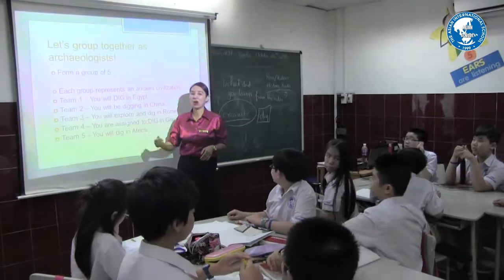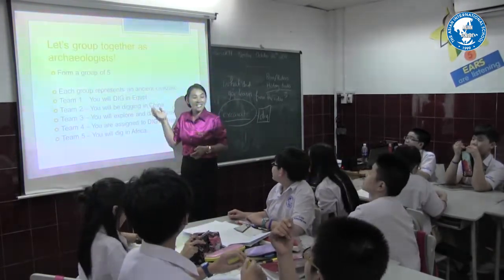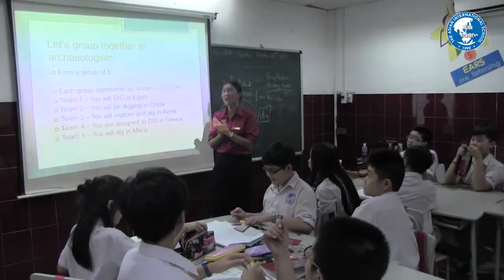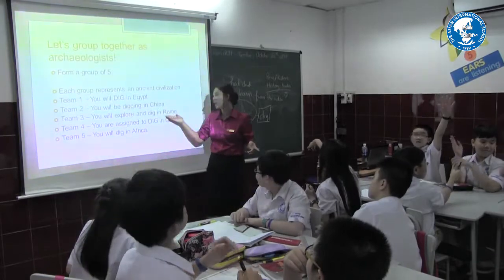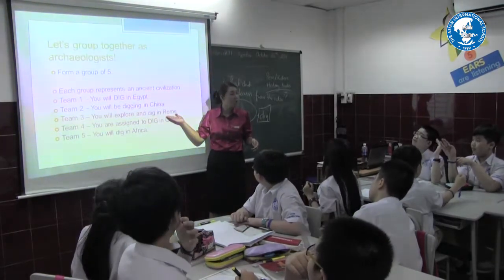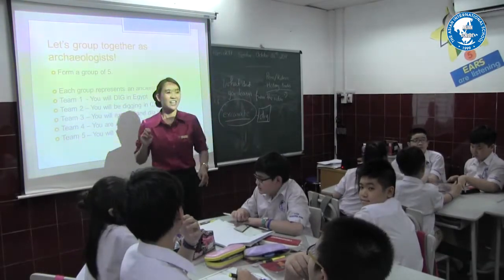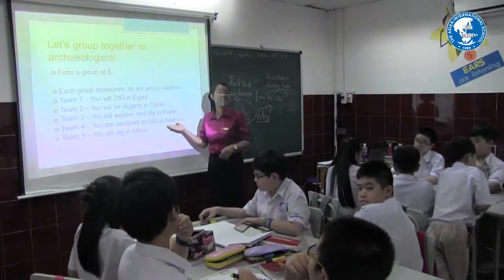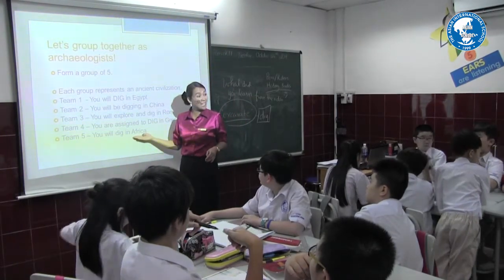You are a team of archaeologists who will be digging in China. Very good. Okay, next team number 3. You are going to explore and dig in Rome. Very good. And team number 4, you're going to explore in Greece. Okay, and team number 5.